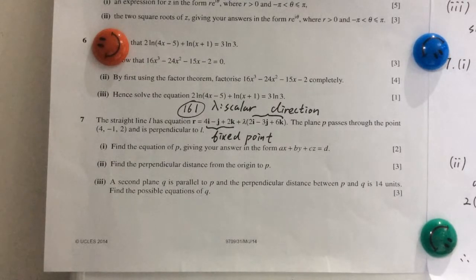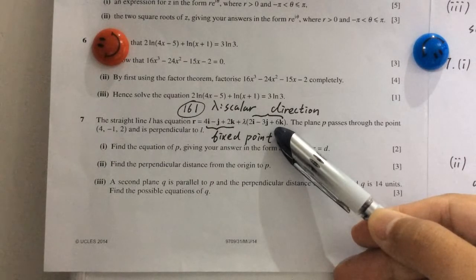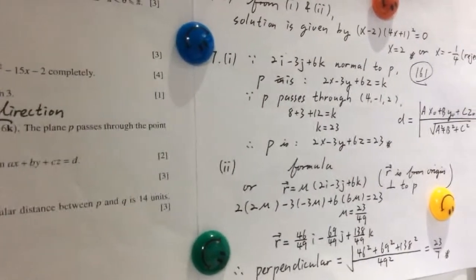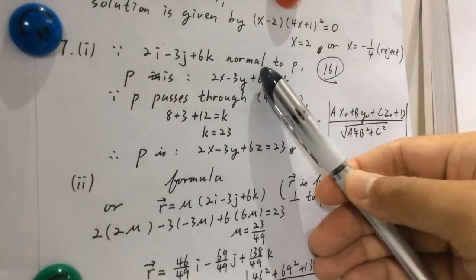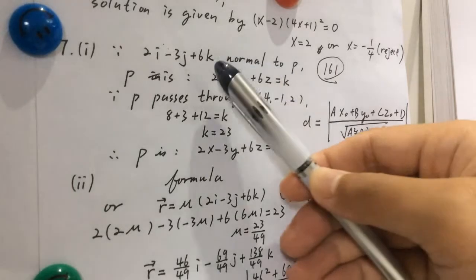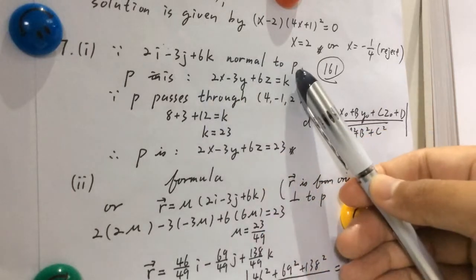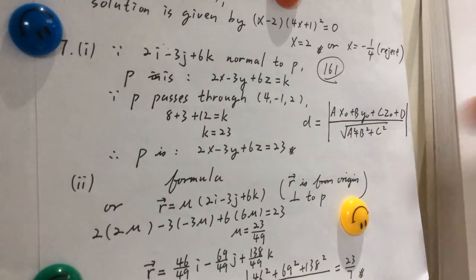First of all, the second part, as I mentioned before, represents the direction of the straight line, which is perpendicular to the plane P, or we say it is normal to the plane P. It represents the direction of the straight line, which is normal to the plane P. So that's why the equation of plane P can be expressed in this form.